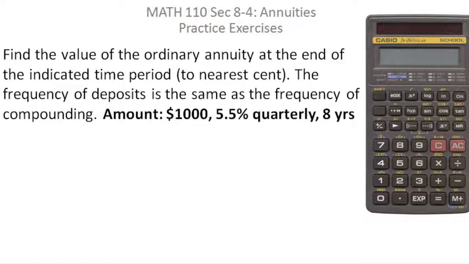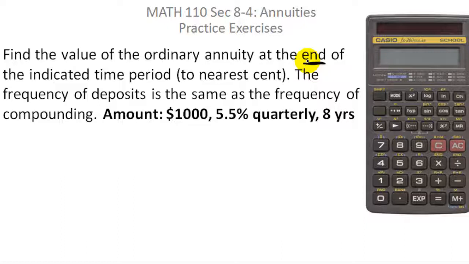Now they're saying this to emphasize what an ordinary annuity really is. That's the only kind of annuity we're dealing with, so I don't know that that's much to think about as you're working the problem. But when they say at the end of the time period, that's the way ordinary annuities work.